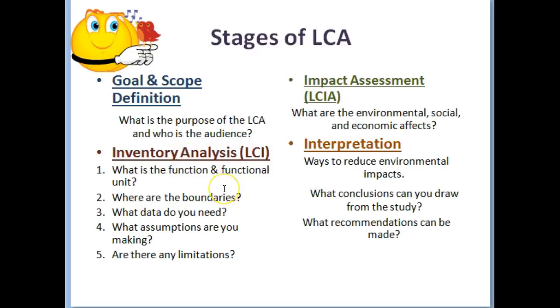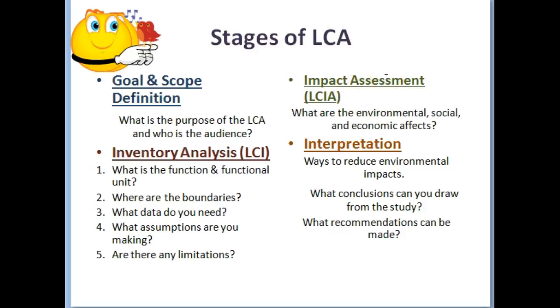In inventory analysis, it involves determining the quantitative values of the materials and the energy inputs and outputs of all process stages within the life cycle. This includes raw materials as well as energy needs, manufacturing processes, transportation, storage and distribution requirements, use and reuse, recycle and end of life scenarios such as incineration and landfilling.